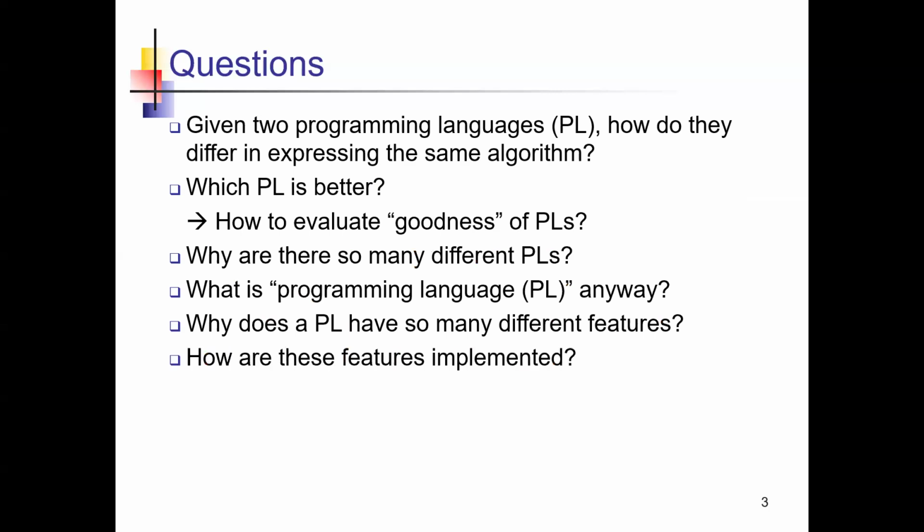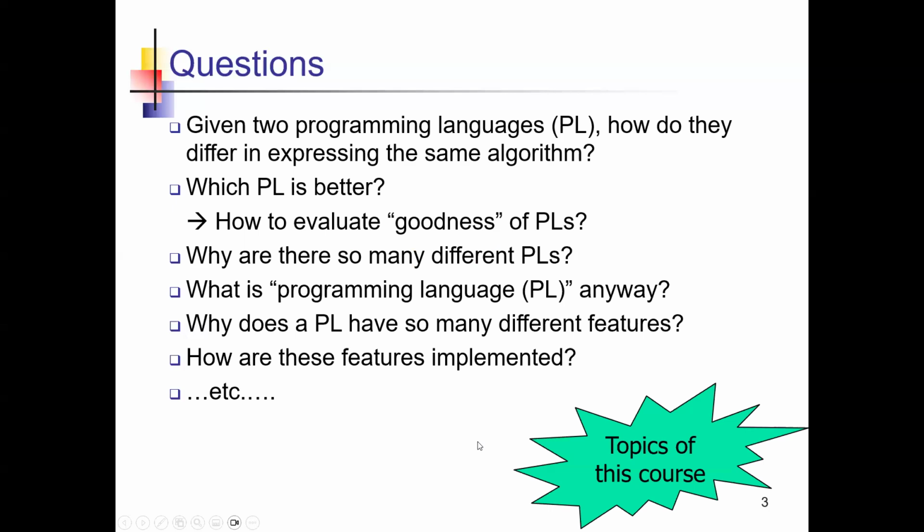Some programming languages have some features, others may have different features, and we shall discuss so. Also, we are going to discuss the features that are implemented. Especially, we are going to focus on object-oriented programming, the concept of encapsulation, polymorphism, inheritance, also abstractions, etc. So those are the topics of this course.